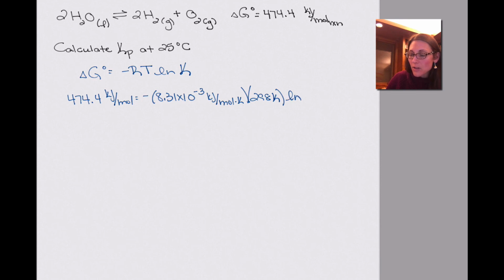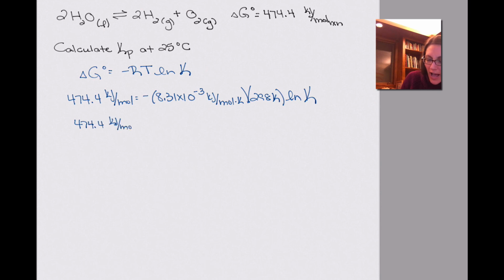And natural log of K, which is what I'm going to be solving for. So in order to solve for it, I will divide 474.4 kilojoules per mole by negative 8.31 times 10 to the negative third, and by 298 Kelvin. That'll give me the natural log of K. And just as a reminder, I'll write that out here.